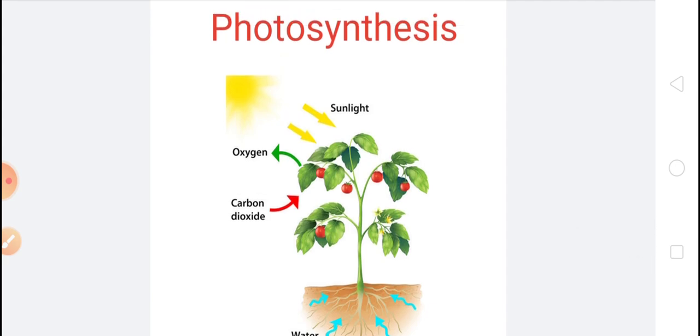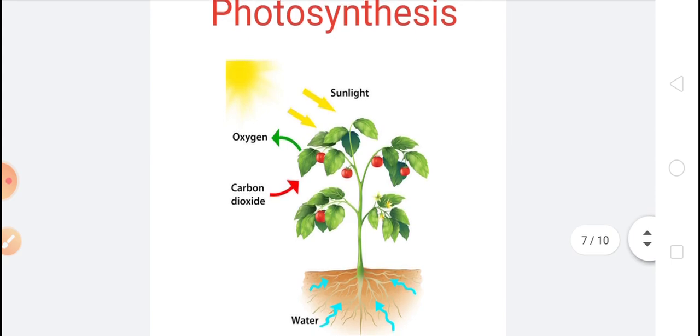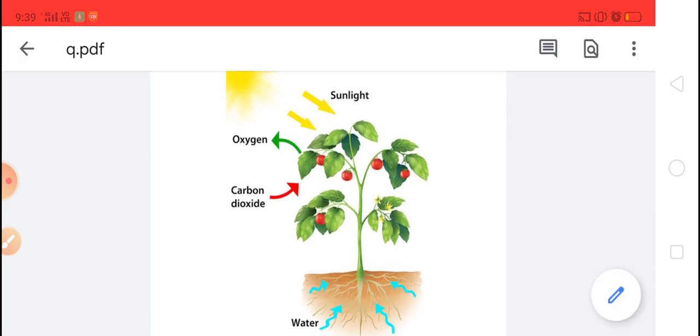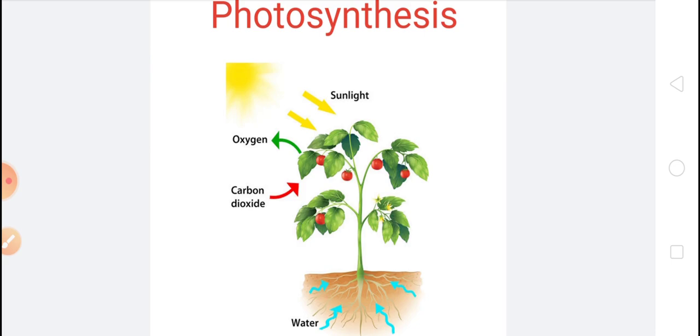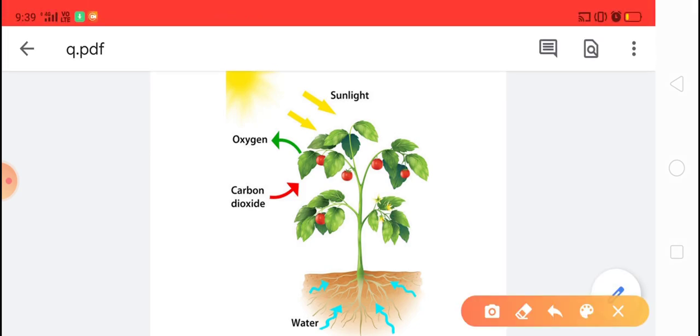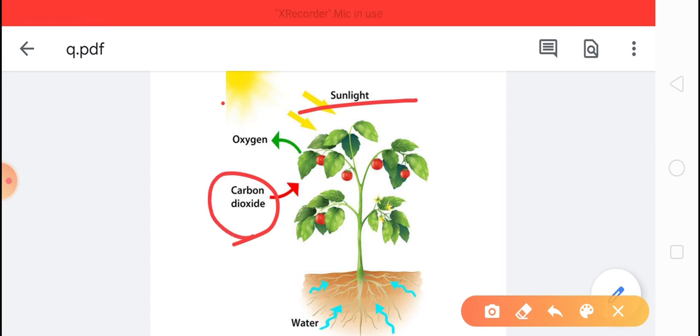In this process the green plants use the energy available in the form of sunlight to combine with carbon dioxide drawn from the atmosphere and water which is absorbed from the soil, and they produce food.